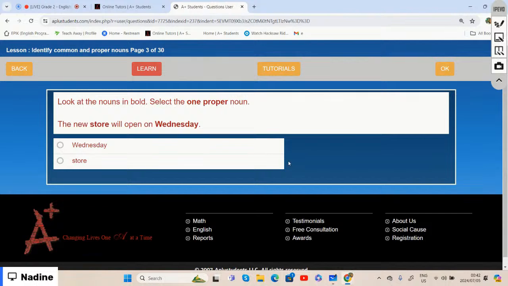We need to select one proper noun. The new store will open on Wednesday. We need to select the proper noun, either a specific person, place, animal, or thing. Is it Wednesday or store?